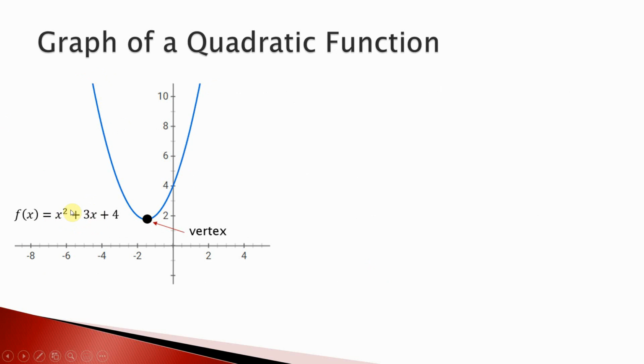So if you use the quadratic formula to solve f of x equals 0, you'll get complex roots. So this graph does not touch the x-axis. Okay, so this point is called the vertex, and this is the y-intercept, which is f of 0.